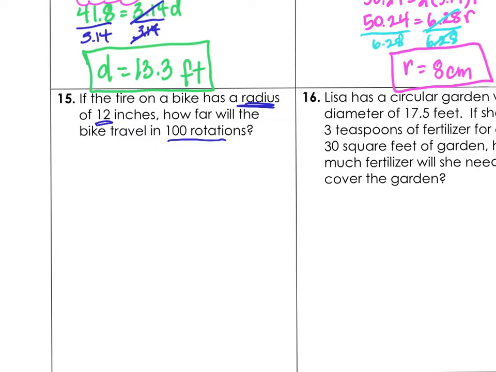So here's your bike tire down here. It's turning and turning and turning, rolling. How far is that after 100 rotations?